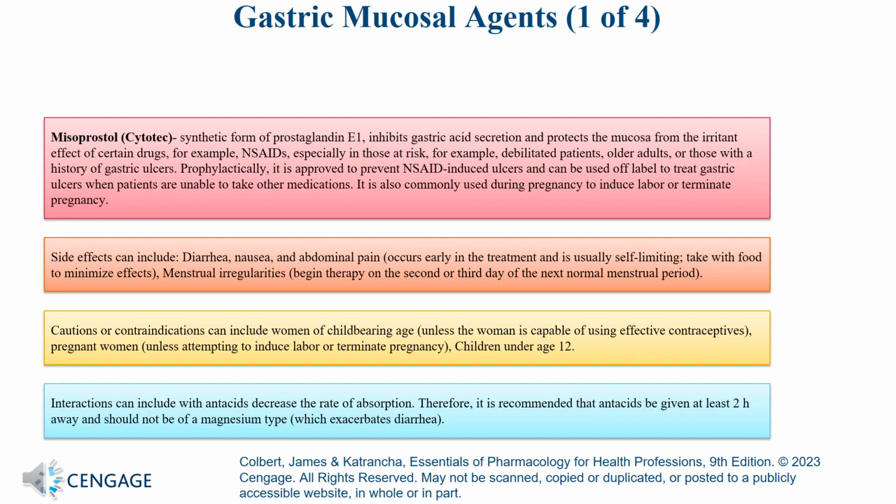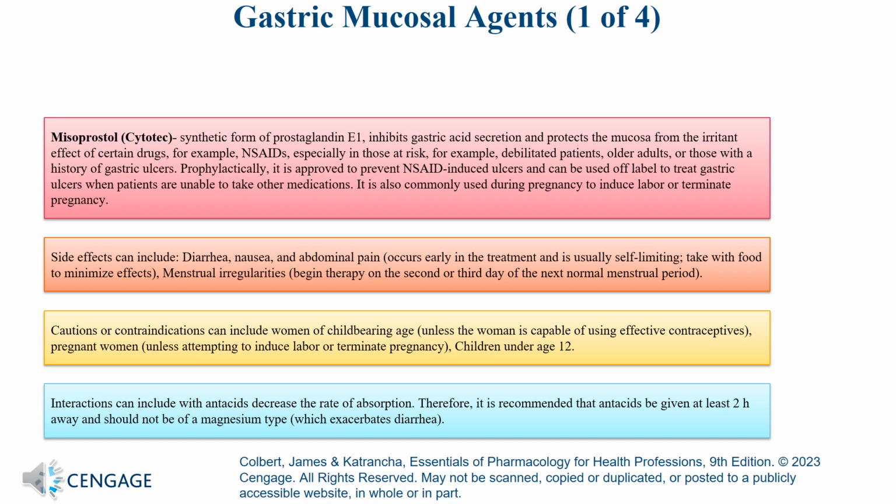We're going to begin talking about our gastric mucosal agents. Misoprostol is a synthetic form of prostaglandin E1, and it inhibits gastric acid secretion and protects the mucosa from the irritant effect of certain drugs, for example your NSAIDs, especially in patients at risk, such as debilitated patients, older patients, or those with a history of gastric ulcers.